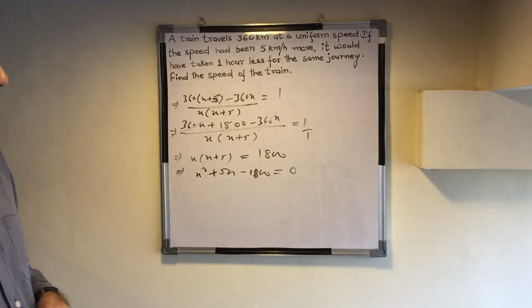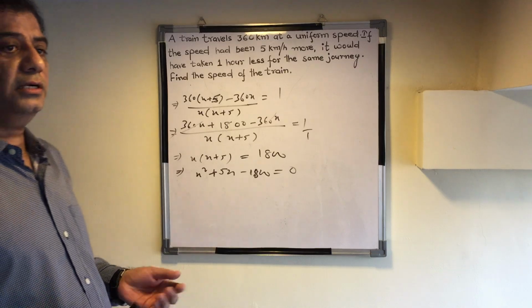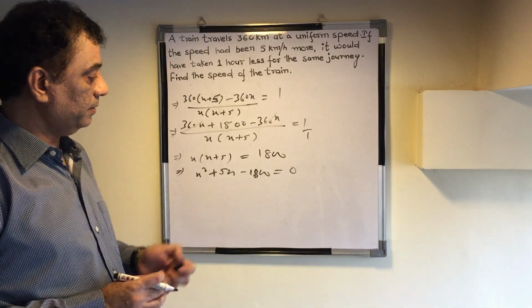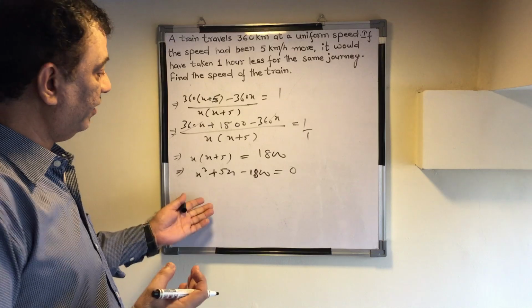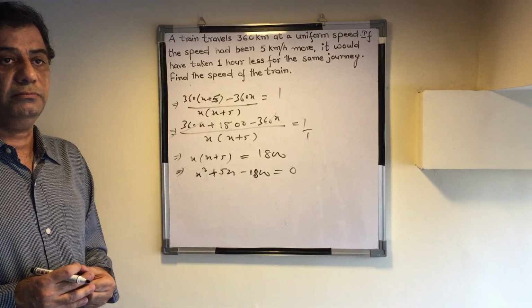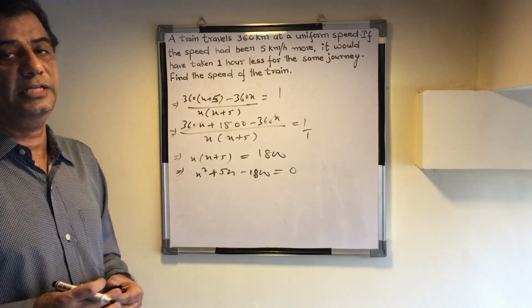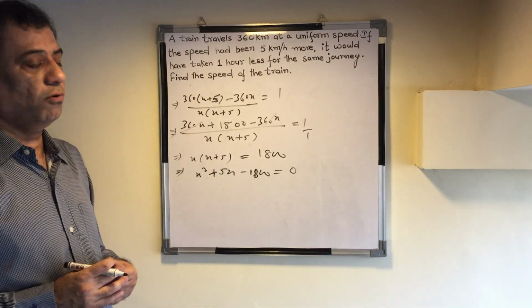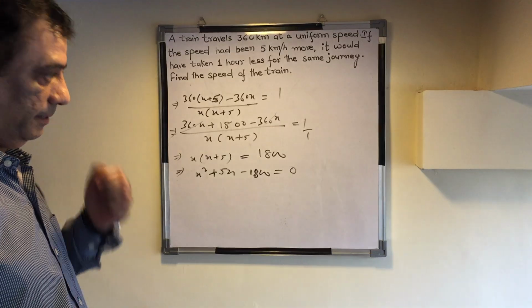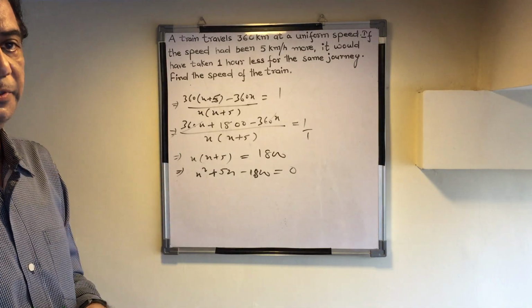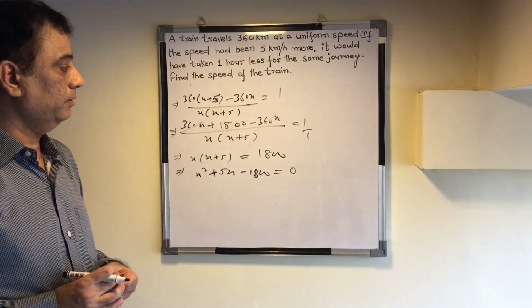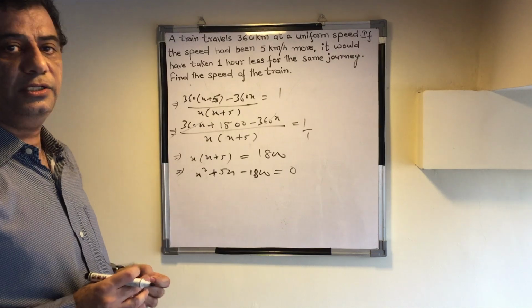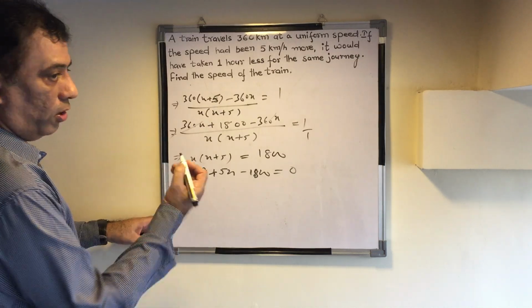You see, we can solve this by the factorization method or the quadratic formula, but if you find it difficult to solve this equation with the factorization method, then we will apply the quadratic formula. In my previous video of solving the word problem, I solved using factorization. Now in this question, I will solve using the quadratic formula. So what is the quadratic formula?